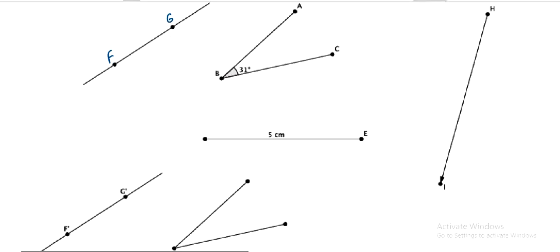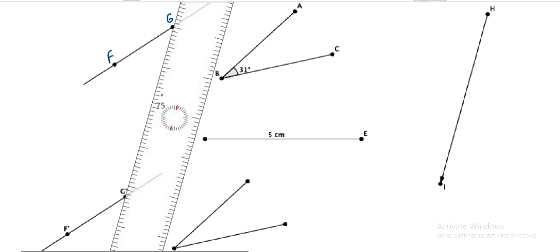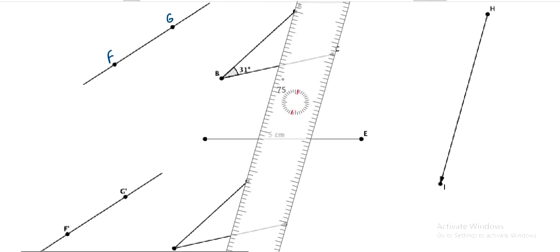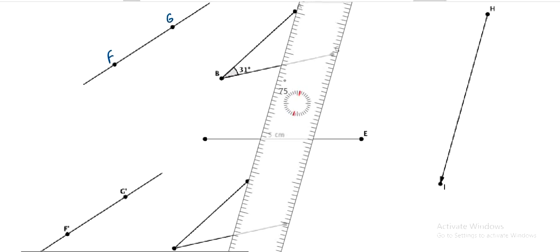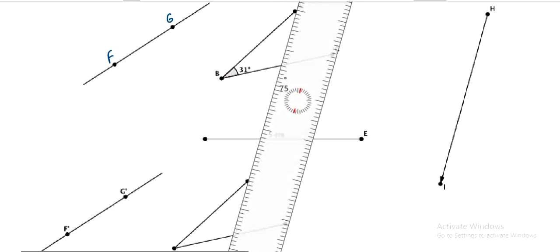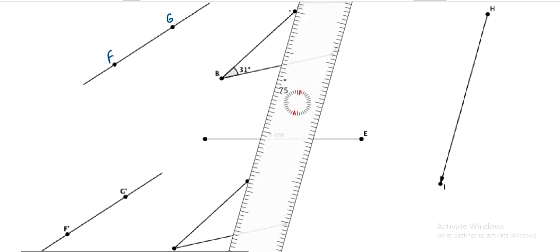All right, so moving on. I see point A up here. Let me line it up a little better. There we go. So I kept the angle the same.